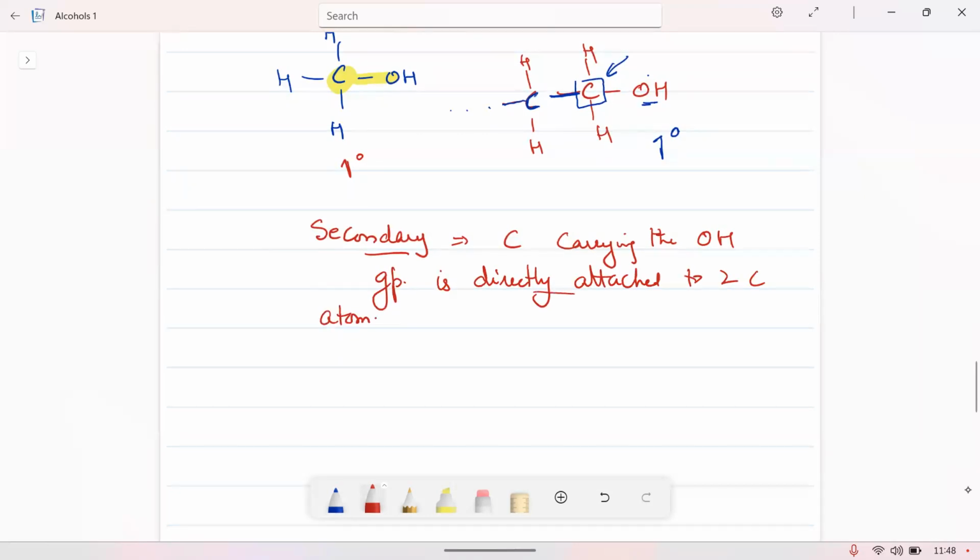So remember, it is directly attached. Like in this case, the OH is attached to the carbon, and then this is attached to two more carbon atoms.